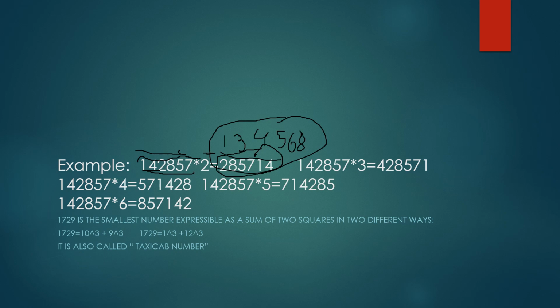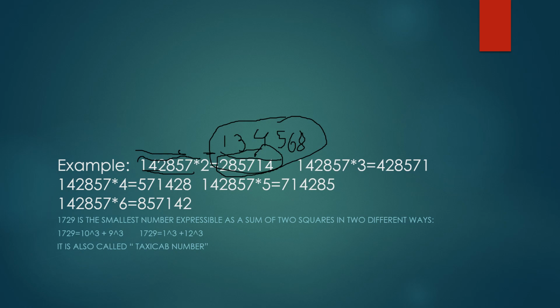However, in 285714, all the digits are simply obtained from the original number, just in a different arrangement.